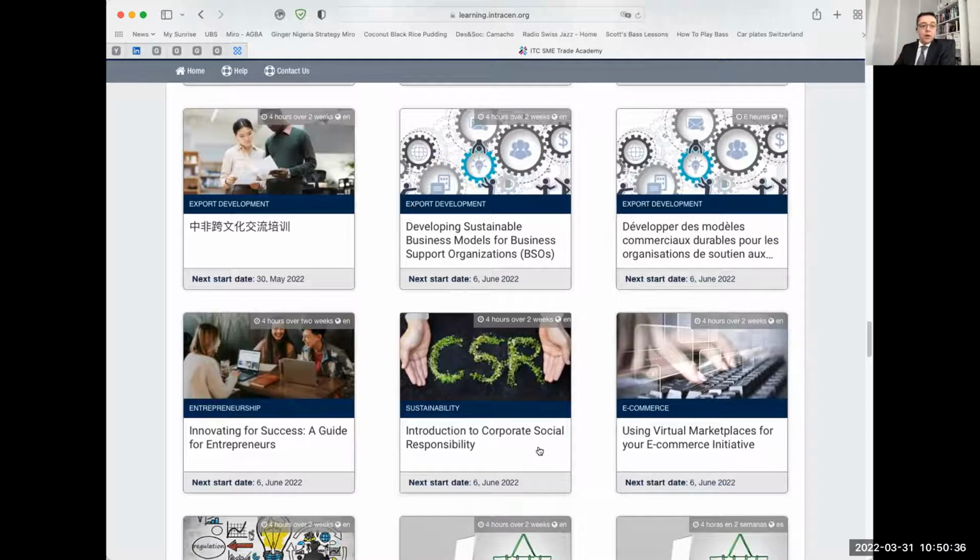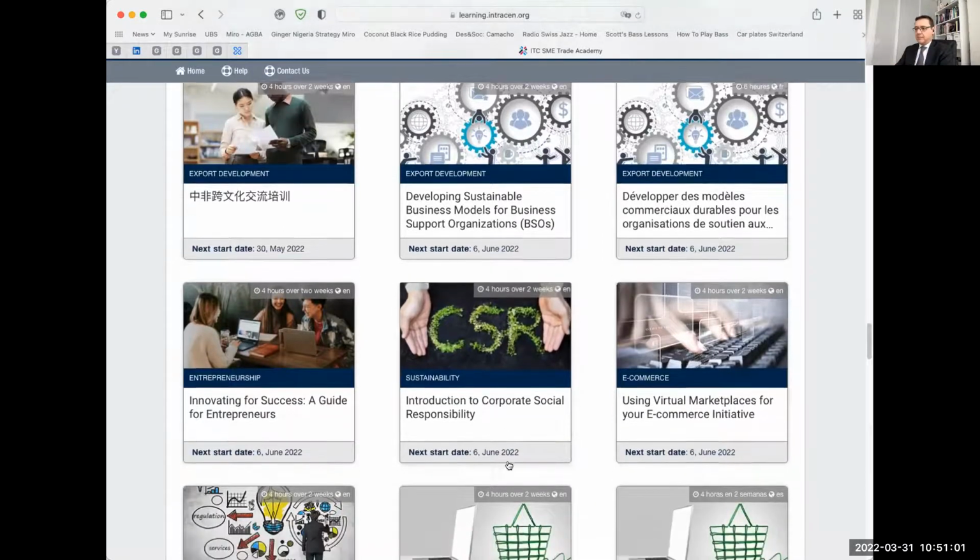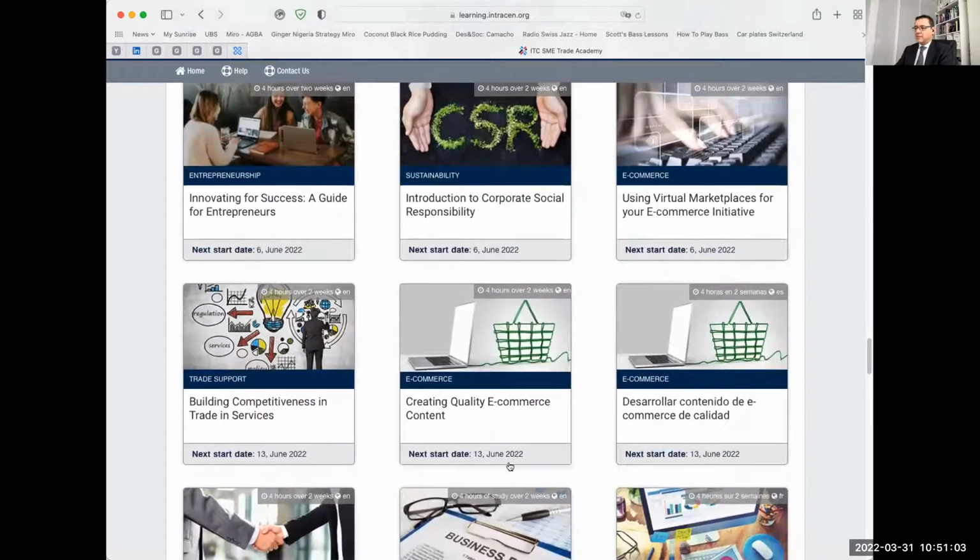So we want to learn and be able to disseminate among the producers that we work with these issues of CSR. So we are doing the course first, and then we'll be referring our SME entrepreneurs into this course. Again, it's about getting them familiar with the concepts, getting them to start understanding why these things are relevant and what's in the box.